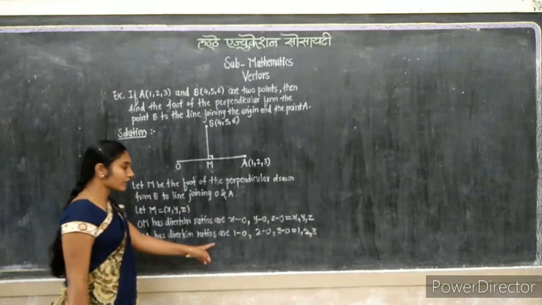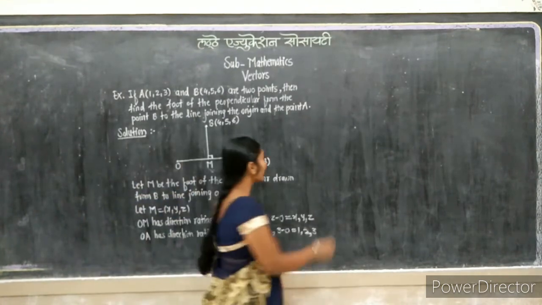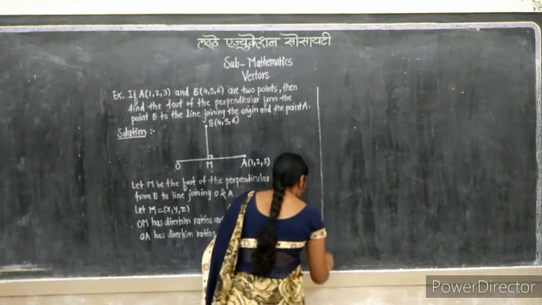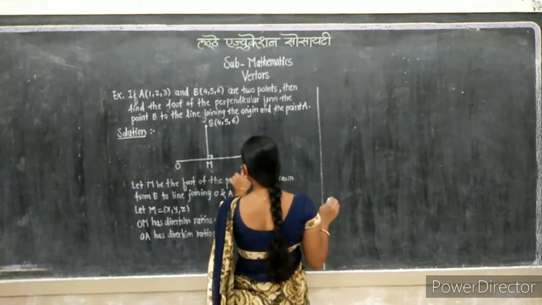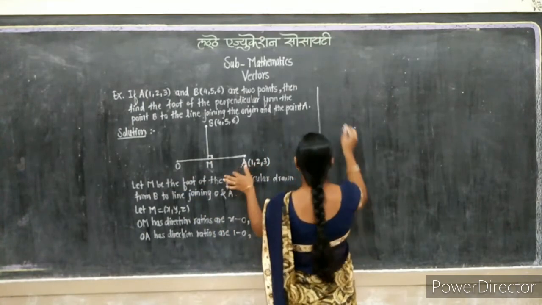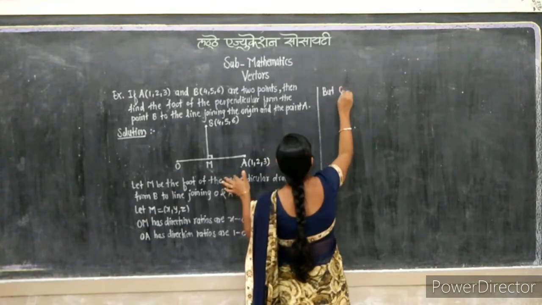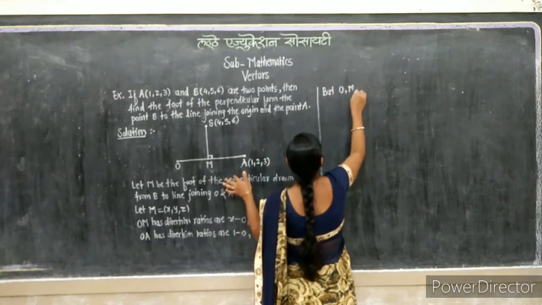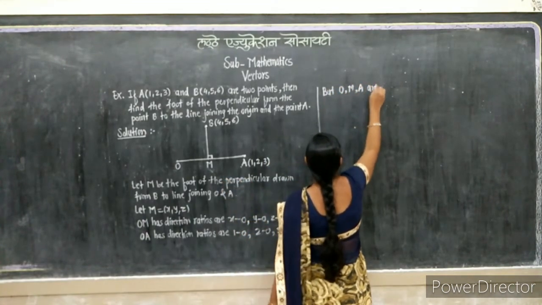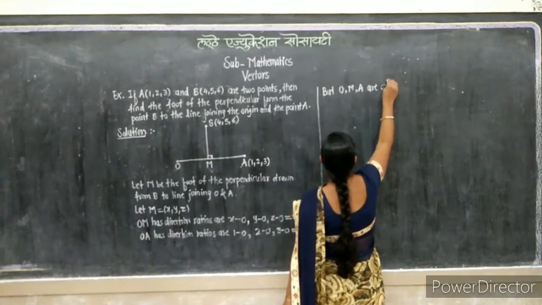OA has direction ratios 1, 2, 3. But O, M, A are collinear.